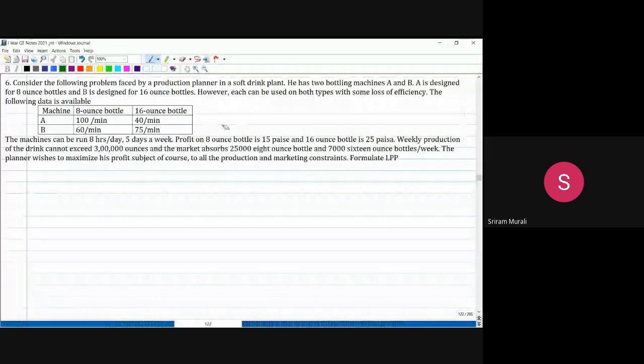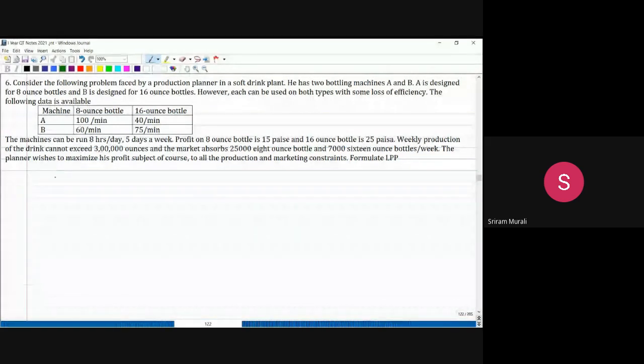So you know what is given. Machines A and B, this is a very direct question. This is the 8 ounce bottle. This is the 16 ounce bottle.